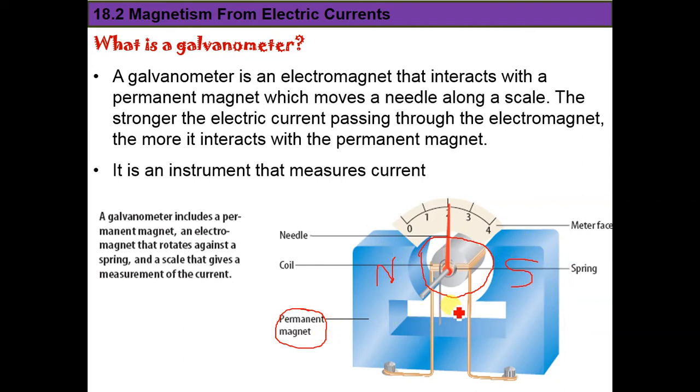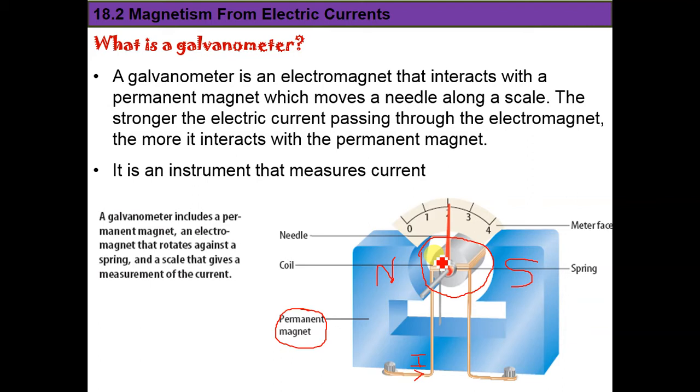How will it work now? When this coil is connected to a power supply, a source of electricity, the current will flow, right? The current will flow through it, so we get an electromagnet. When the current flows, what will happen, girls? This electromagnet works, as we said, as what?